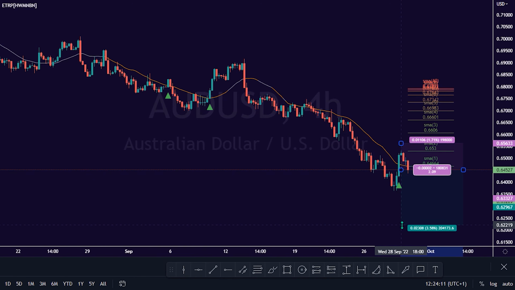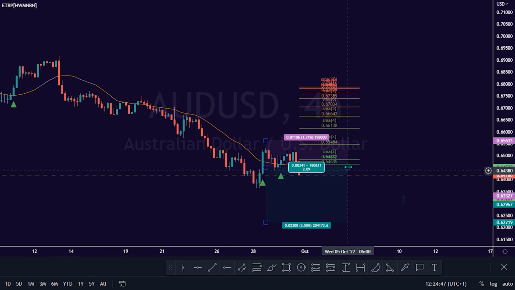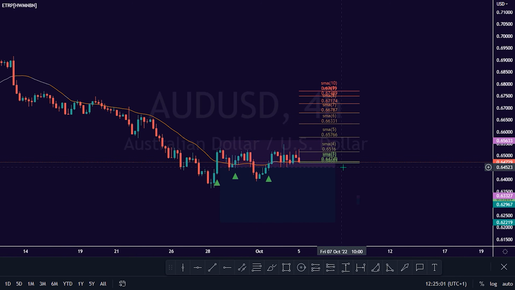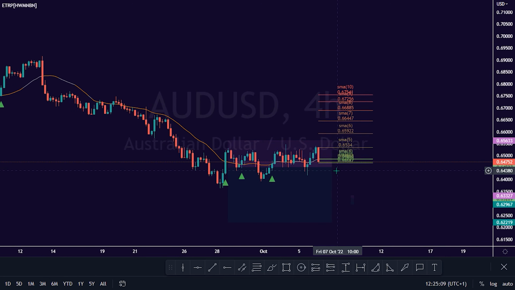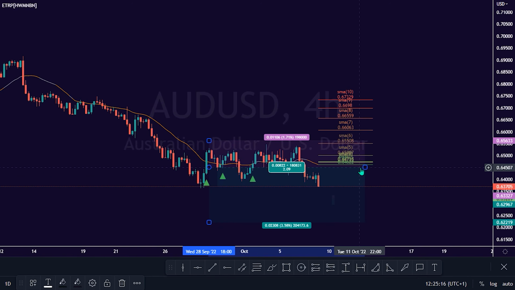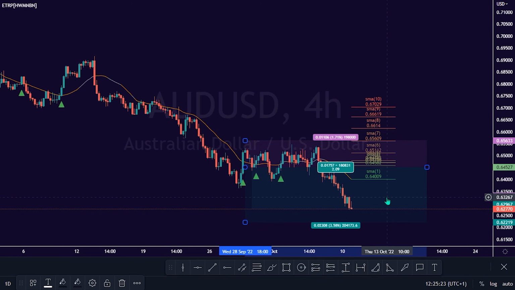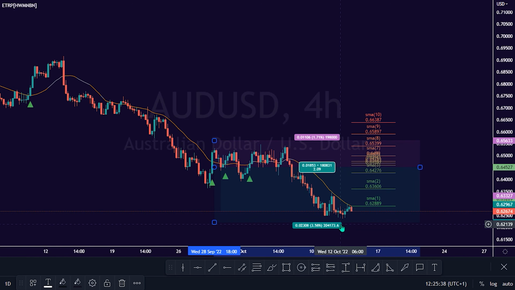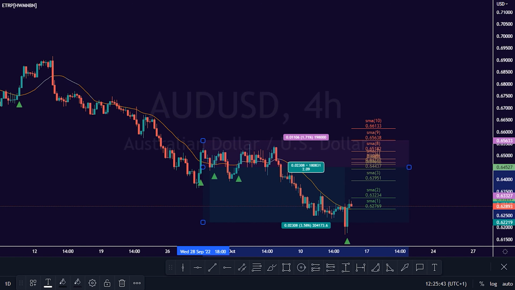Alternatively, traders could close their sell trade whenever the green triangle signal pops up below the price. Let's see how this sell trade will work out. Take profit target achieved.